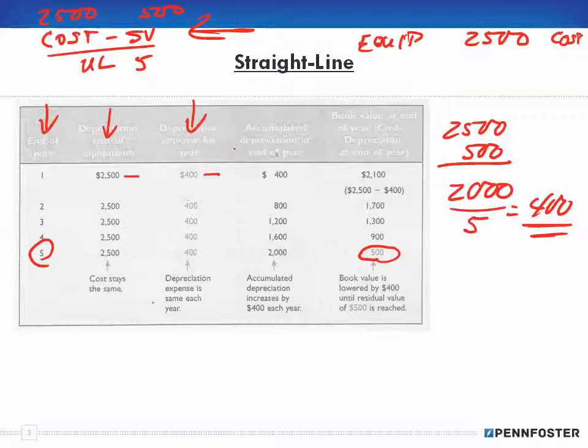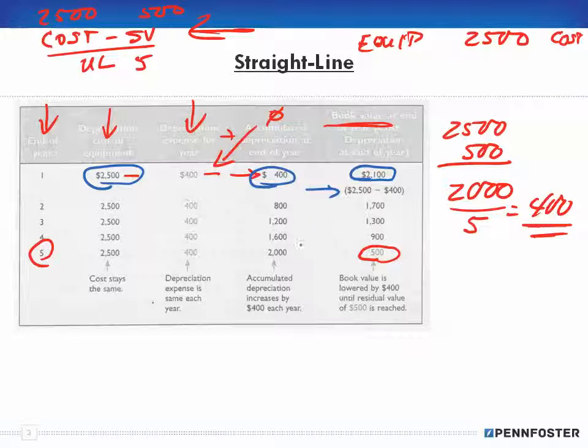At the beginning of the year, we had 0 for accumulated depreciation, and we're going to add the $400 to it, and that makes our accumulated depreciation $400. Now, our book value is nothing more than our cost less our accumulated depreciation, and that's why they're showing that formula there, 2,500 minus 400, which means our book value is 2,100.